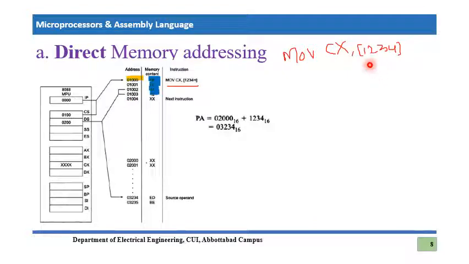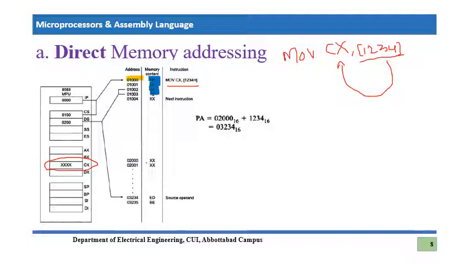Furthermore, what this instruction says is: this memory location, whatever value is stored inside it, should move to CX. And CX is an internal register, so the content of CX is a don't care. We don't know the exact value of CX.